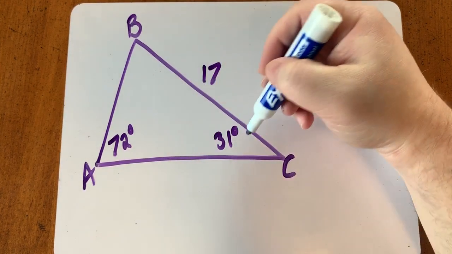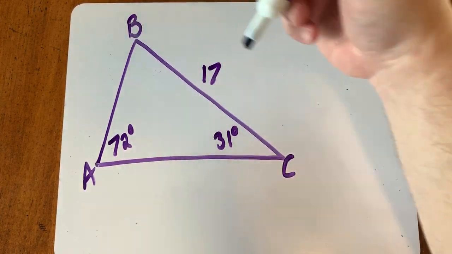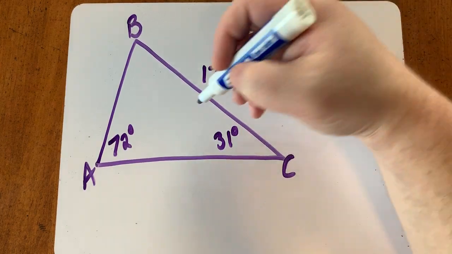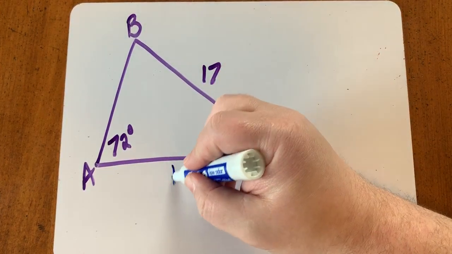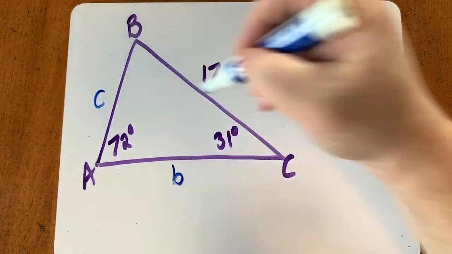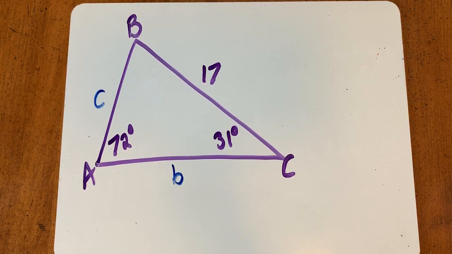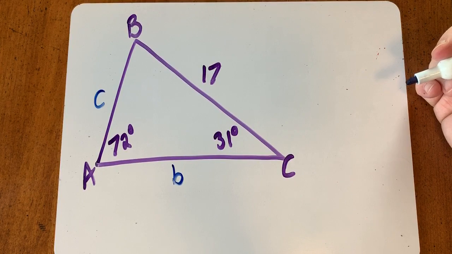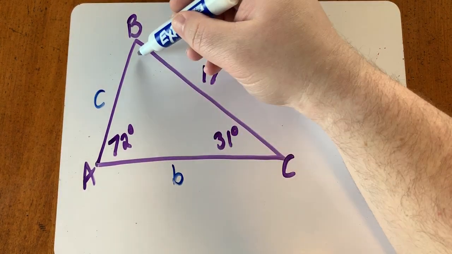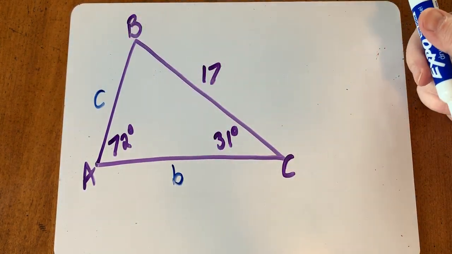So we have angle A, we have angle C, we don't know angle B, we have side A, we don't know side B, and we don't know side C. So there's three things that we need to find out: angle B and sides B and C.